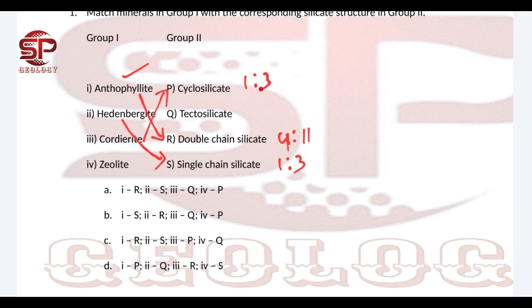It also has a 1:3 silicon oxygen ratio. The zeolite belongs to tectosilicate. It is 1:2. So first one is R, second is S, third is P, fourth is V. So answer C.